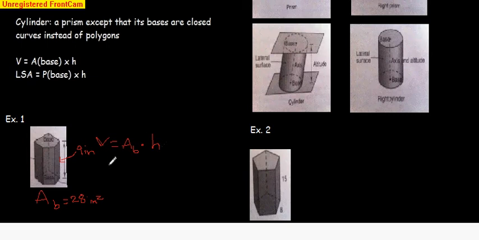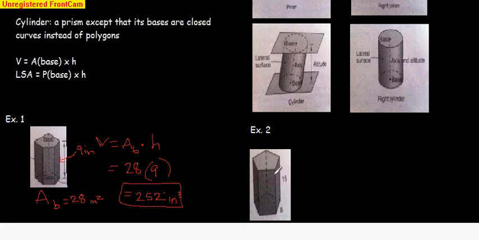The area of the base they give us is 28, and the height is 9 inches. You multiply those two together and you get 252. And volume is always cubic, so it'll be cubic inches. That would be our volume.